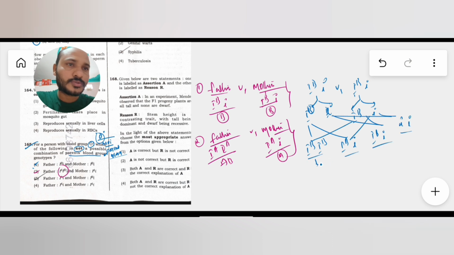Then we find their phenotypes. IBIB means B blood group, IBi means B blood group, IBi means B blood group, and ii means O blood group. So ii is O blood group, the person having O blood group.